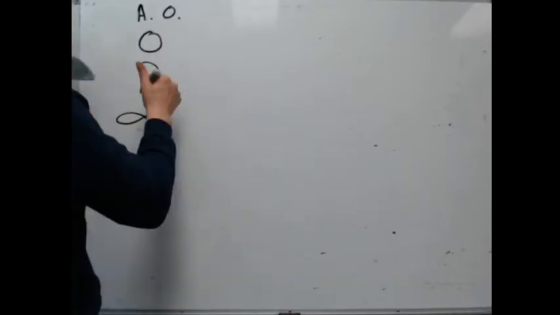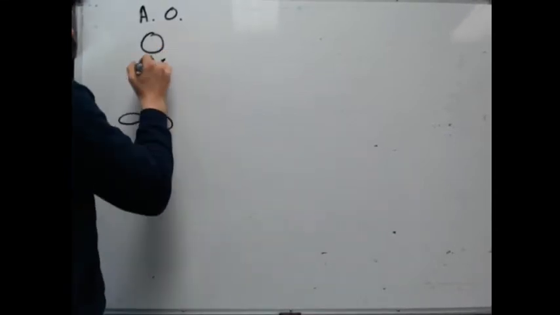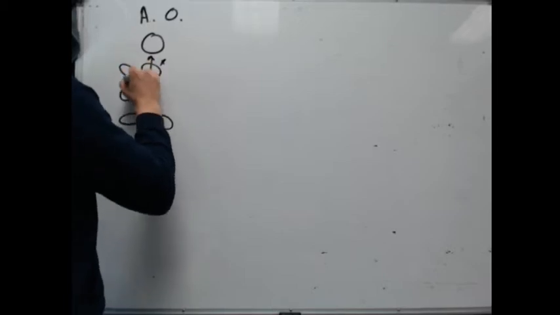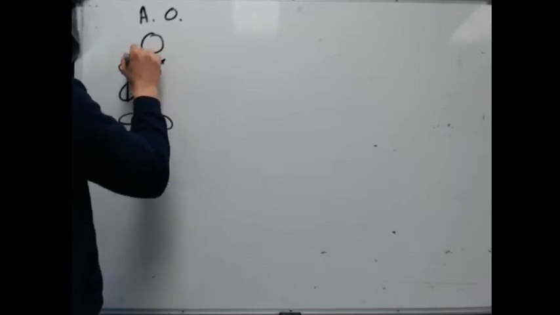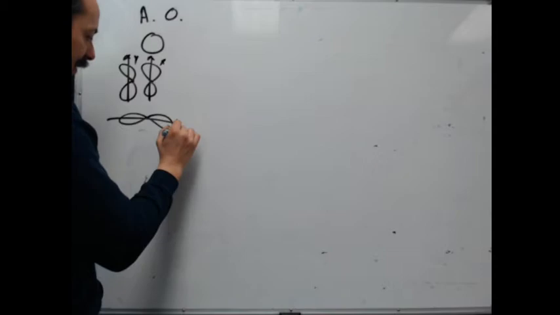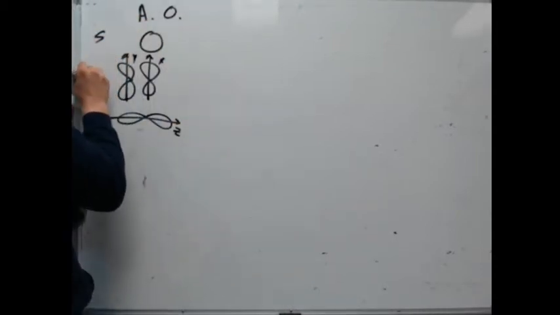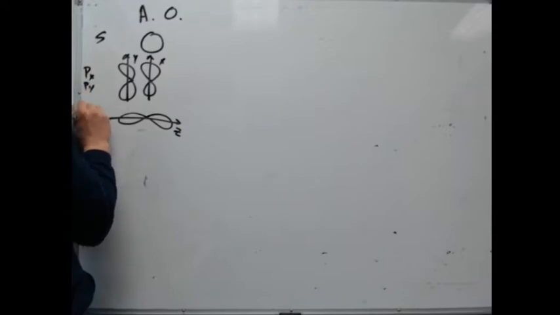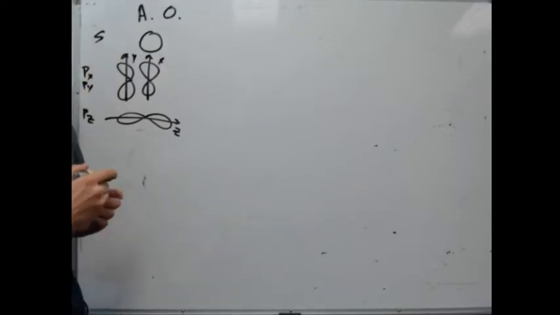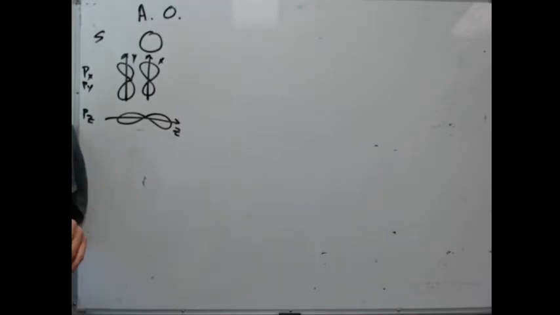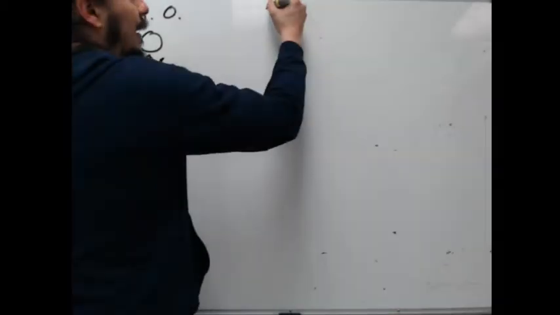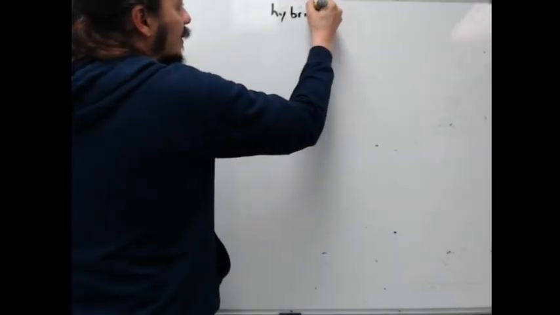Let's do X, Y. Let's call this one Z. I'm just going to focus on my S, my PX, my PY, and my PZ for hybrid orbitals. Could we go further and talk about hybrid orbitals with the Ds? Yes, of course, but we're not going to. And these are my atomic orbitals. I'm going to make hybrids in the middle here.